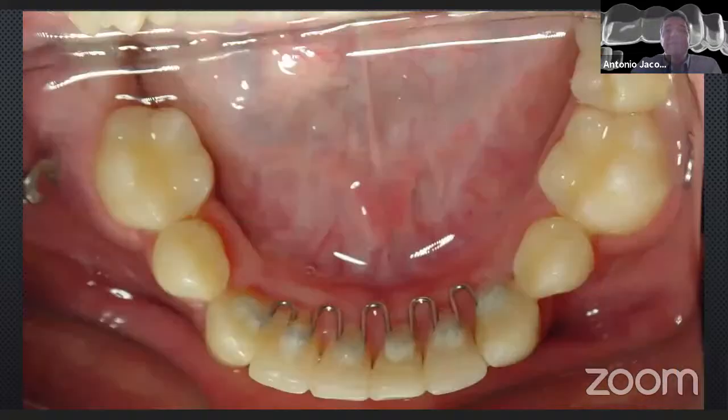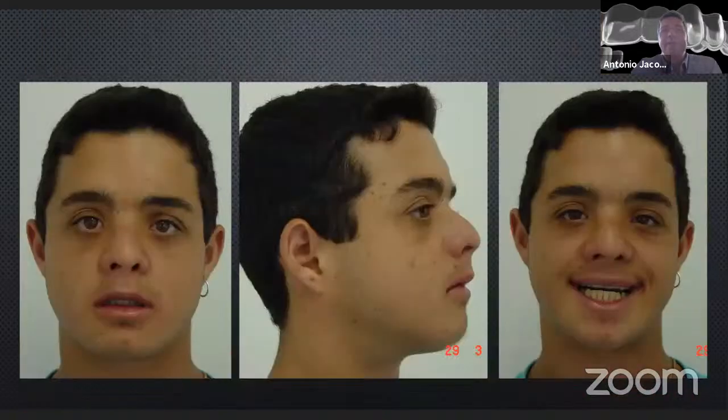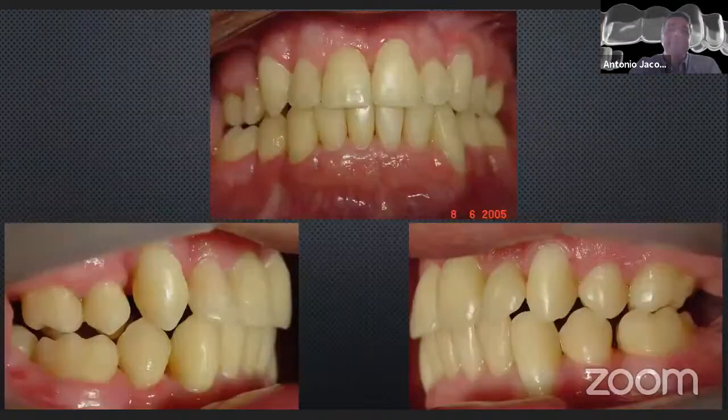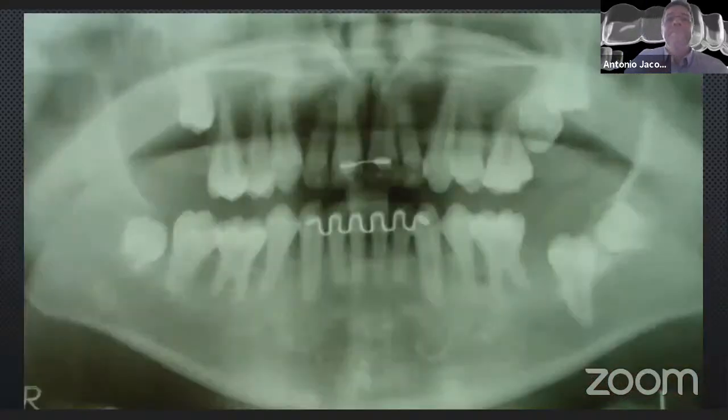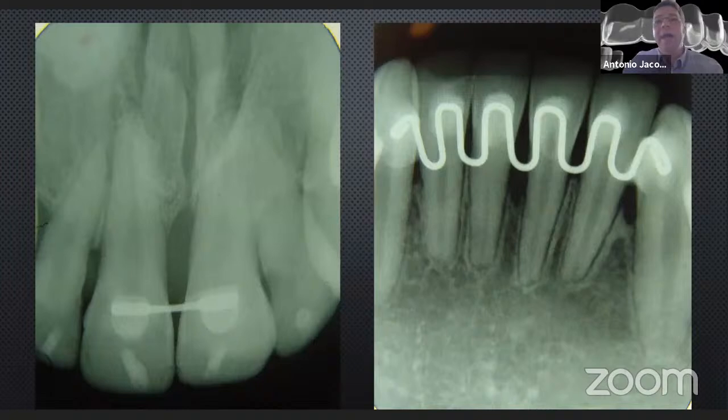So this is at the end of the treatment, 15 years ago, and this is back in 2005, with a little bit of opening of spaces on the right side, but the patient has a nice occlusion. And well, I have followed this patient until now.